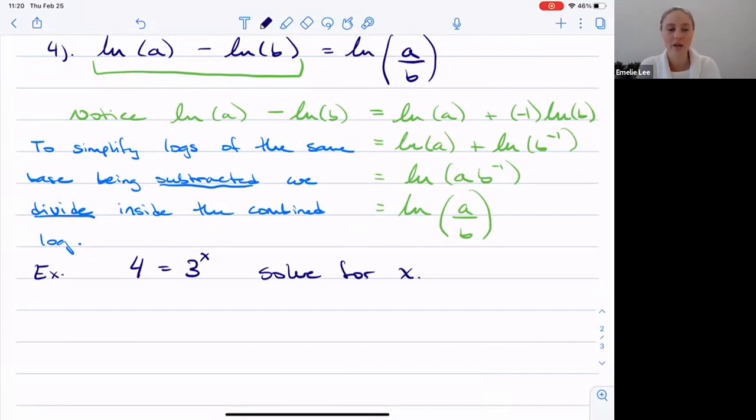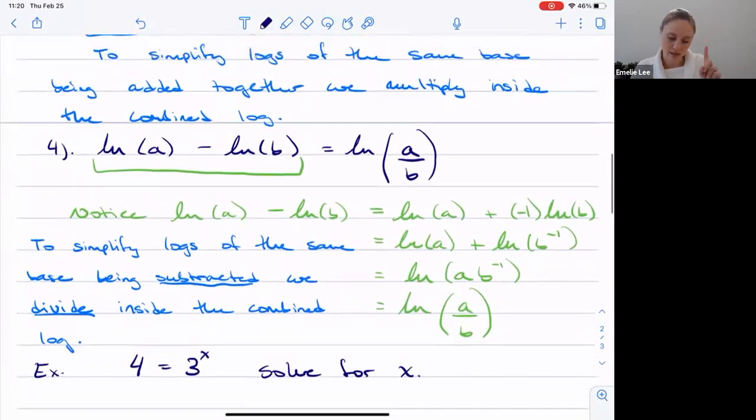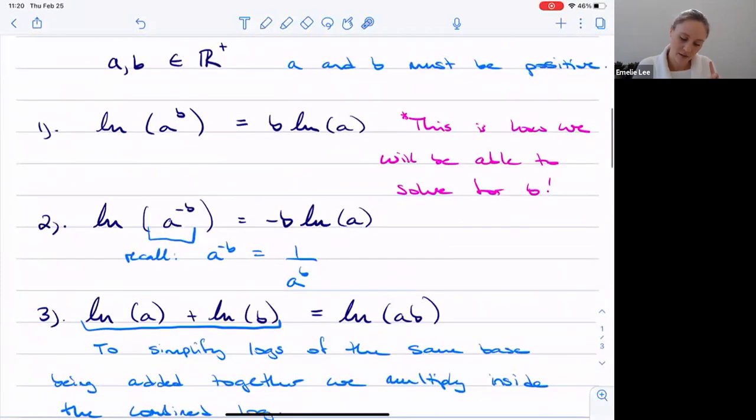But now, remembering that if I have something in the power that I want to bring down and I want to solve for the exponent, then I can use this first law, right, that says I can actually rewrite something like this as this, and it's equivalent, because we've got this equal sign.